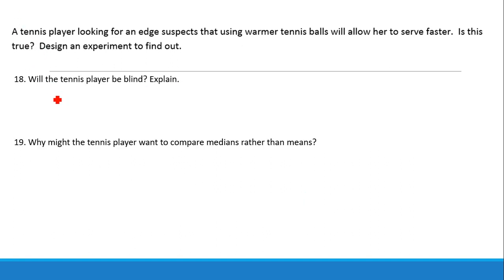Will the player be blind? No, because she will have to touch the balls to serve them.